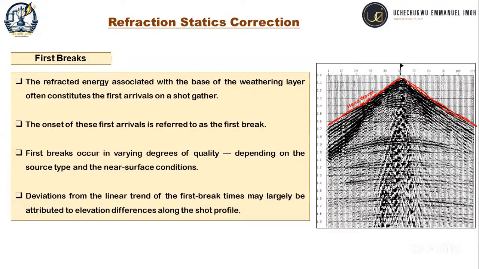That's why they are the first, and that's why we call them the first breaks. So during processing for land data, you have the first breaks, and they have to be identified on your data. Mind you, marine data have less statics problem than land data. They have their own peculiar type of challenges that has to be dealt with during processing. But for land data, first breaks matter.